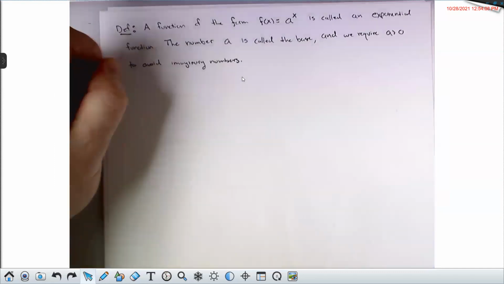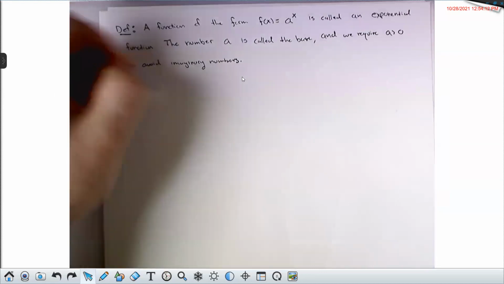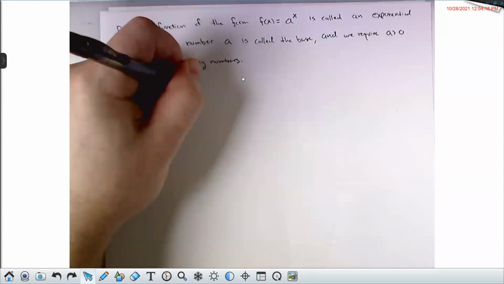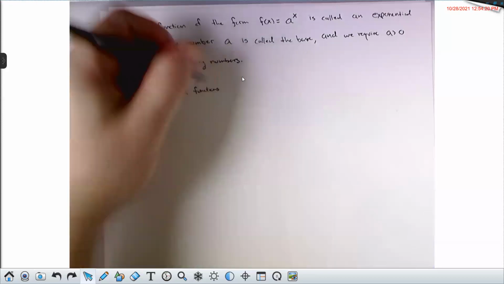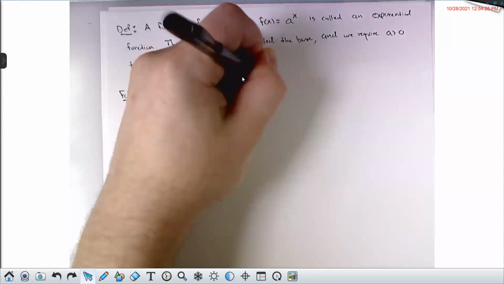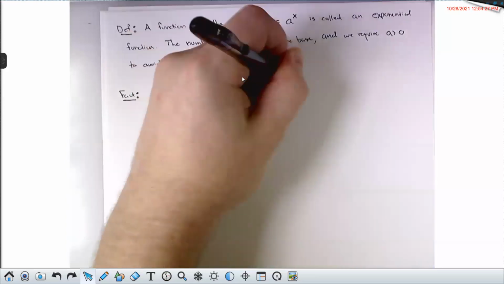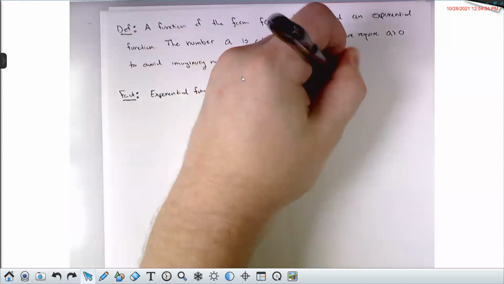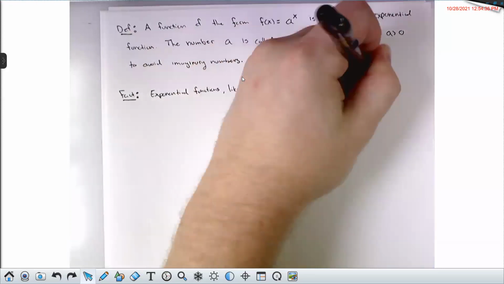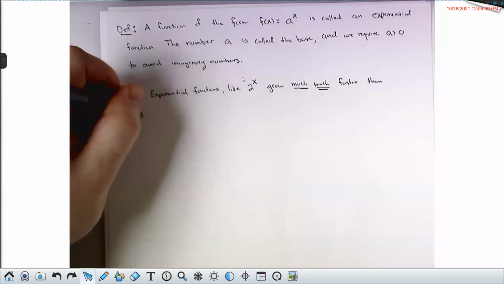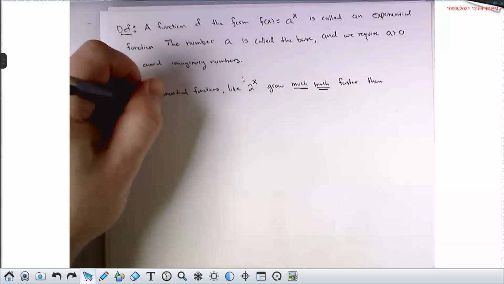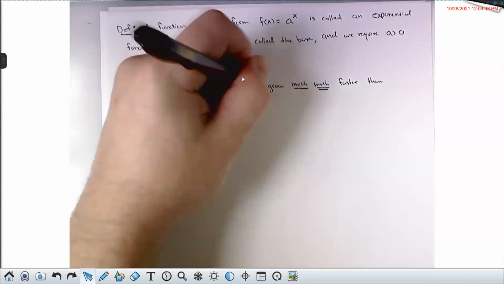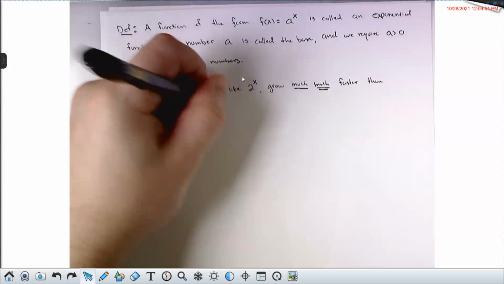So it is a fact that exponential functions like 2 to the x, they grow much, much faster than polynomial functions. Like, for example, x squared.